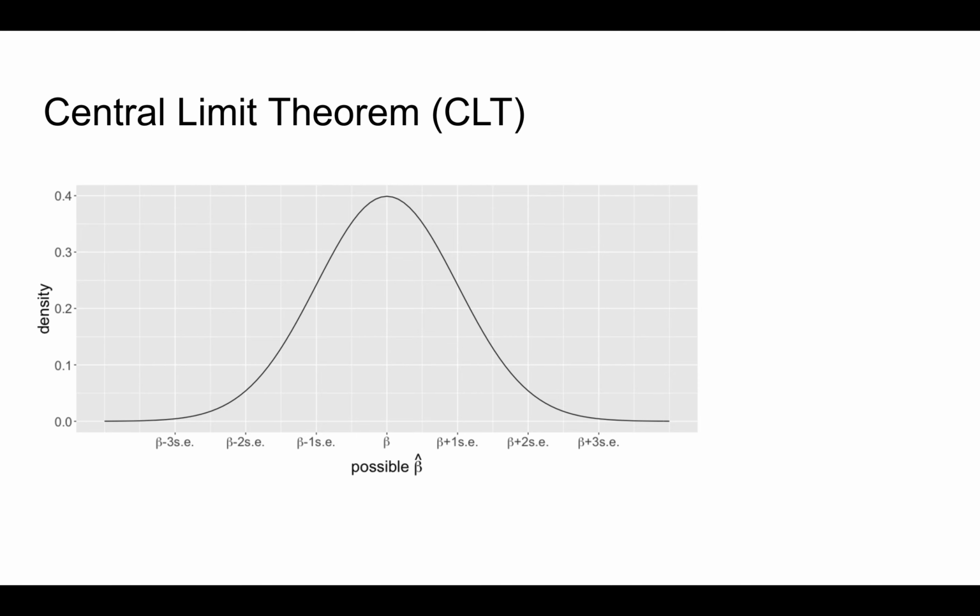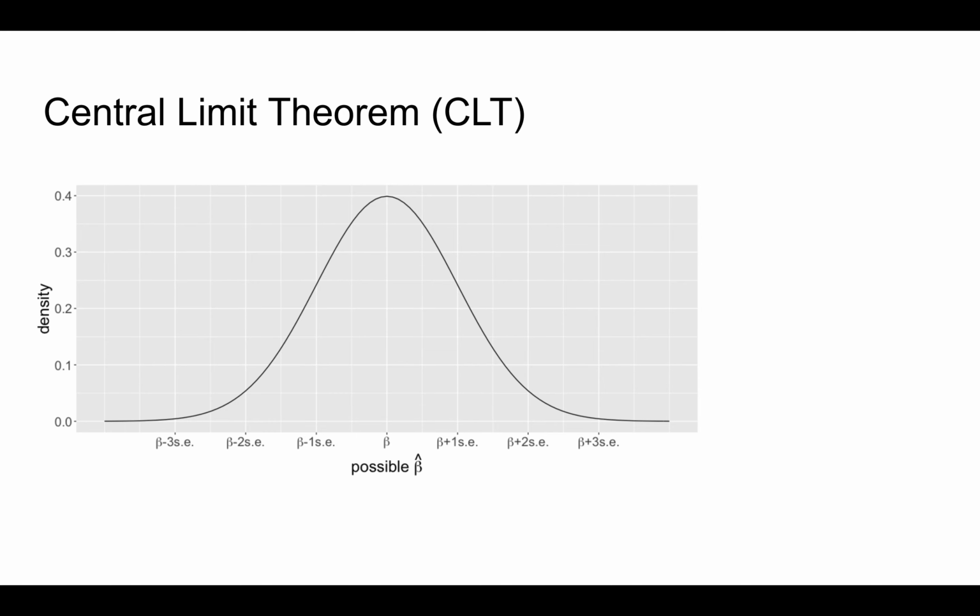The central limit theorem, or CLT, provides one possible tool for constructing confidence intervals. Recall that the CLT assumes that the sampling distribution of the possible sample estimates beta hat is normal. Specifically, though different samples can produce different estimates beta hat, we can assume that these estimates are normally distributed around the actual beta value.